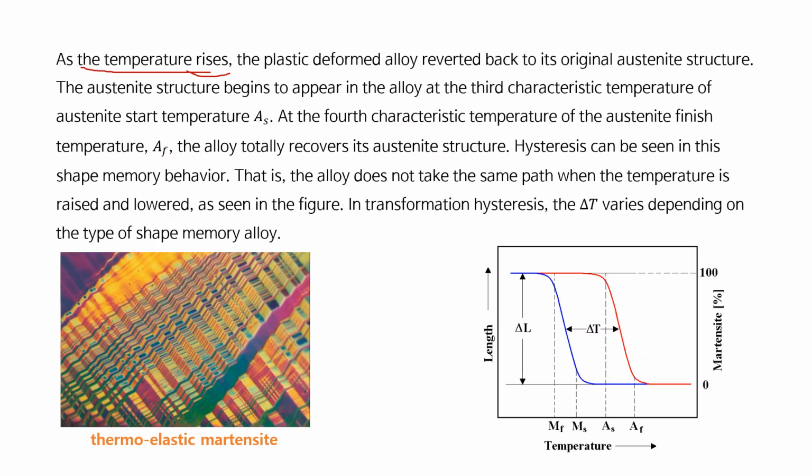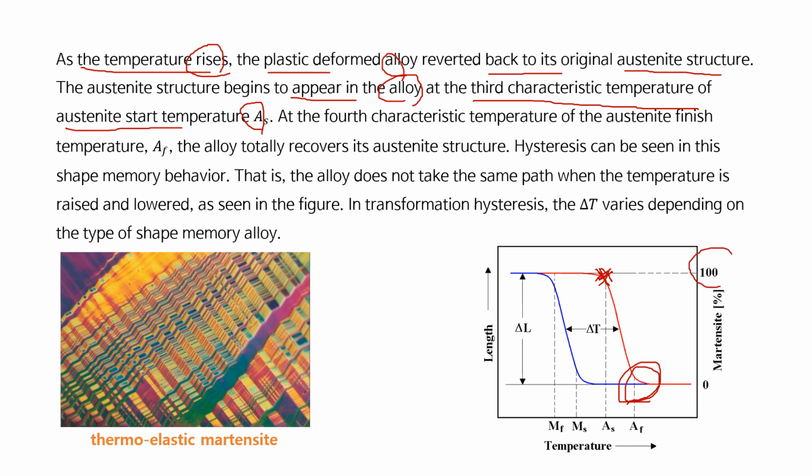As the temperature rises, the plastic deformed alloy reverts back to its original austenite structure. So at this temperature, the austenite structure begins to appear in the alloy at the characteristic temperature of austenite start temperature AS. So at this point in the alloy, there is no austenite structure. 100% is martensite structure.